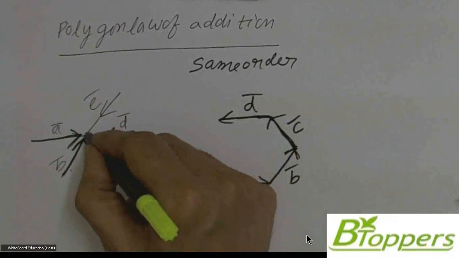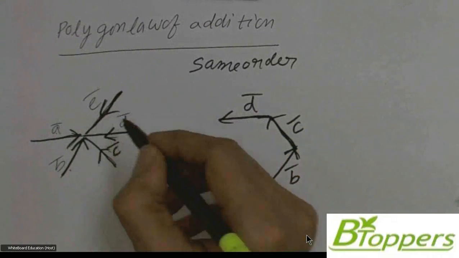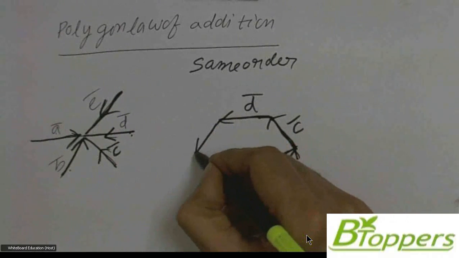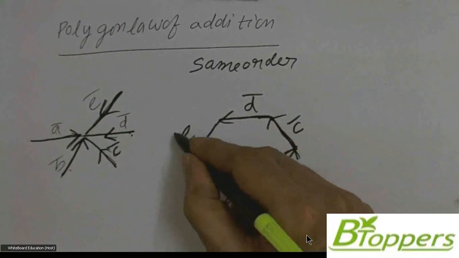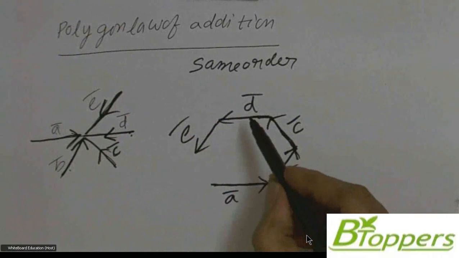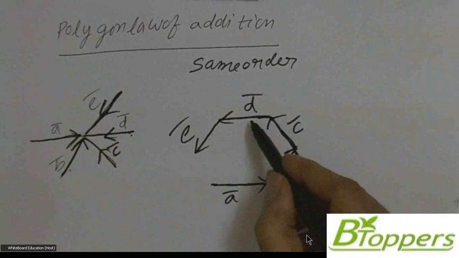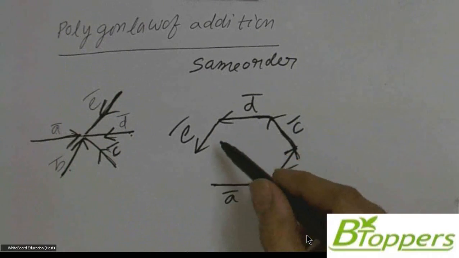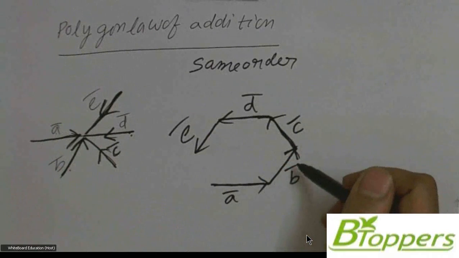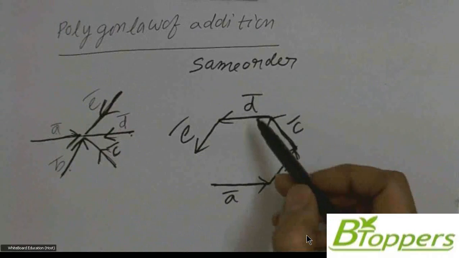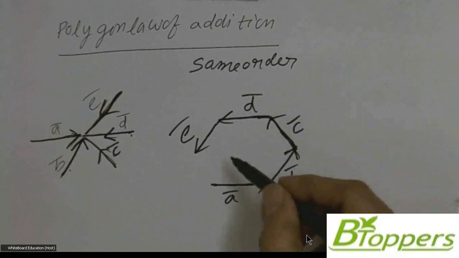Next we represent the fifth vector E bar, also in the same order. That means the tail of the fifth vector E bar is attached to the head of the fourth vector D bar. That means we are trying to represent the given vectors along the sides of a polygon, all vectors in the same order.